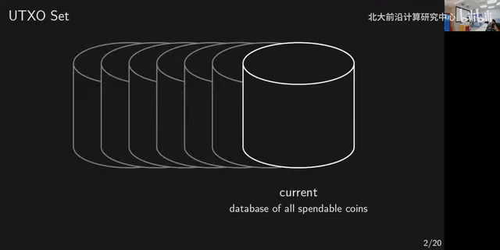And the point is that it's not fixed. It changes over time. There are many, many old versions, and we really only care about the new version of the UTXO. We do care about old versions, but only as a means to verify that the new current one is correct.